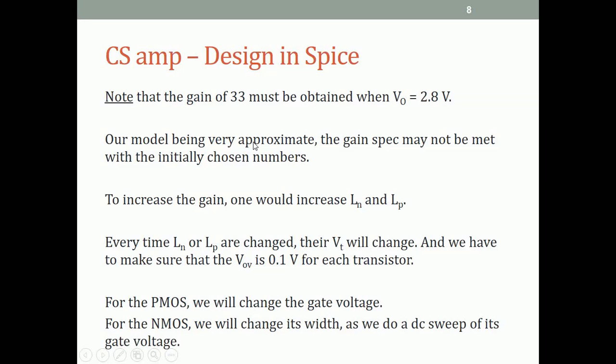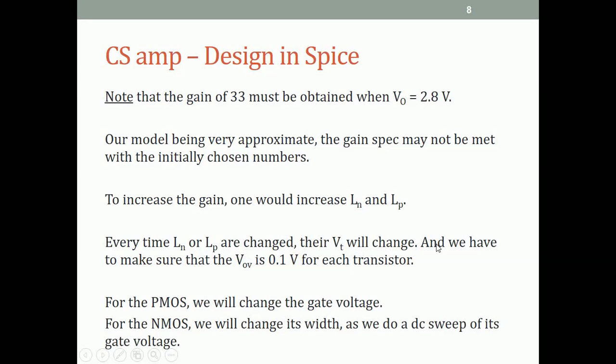So our initially chosen numbers will most likely not give us the gain, and we will vary various things to get the gain spec. And not meeting the gain spec, of course, means that the gain will be smaller than what we desire, and the way we increase the gain is by increasing Ln and Lp. Now as we change Ln and Lp, we'll have to remember that with Ln and Lp changing, their VTs will change.